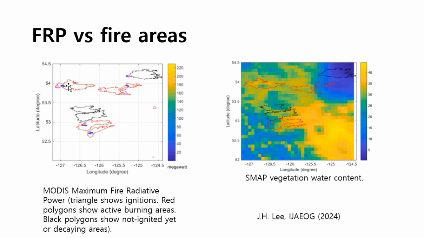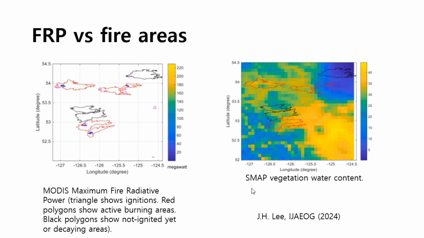Each point of fire radiative power is actually within the red contour, which is the fire area to be burned much later on. And the triangle shows ignitions, wherever there were wildfires and there was fire radiative power.